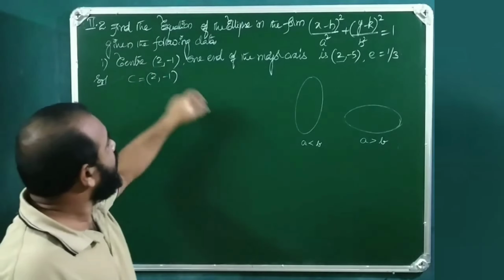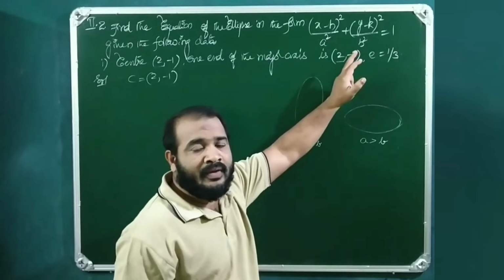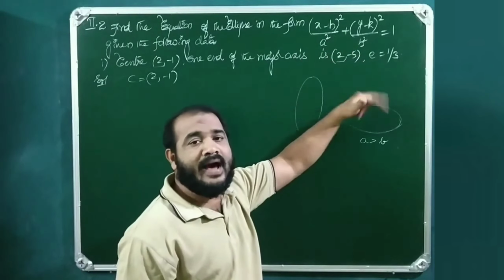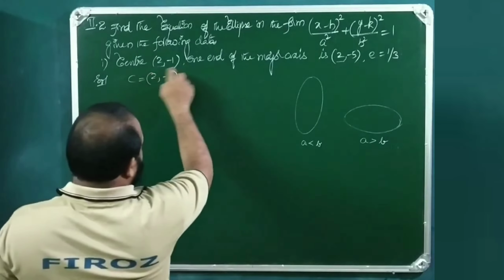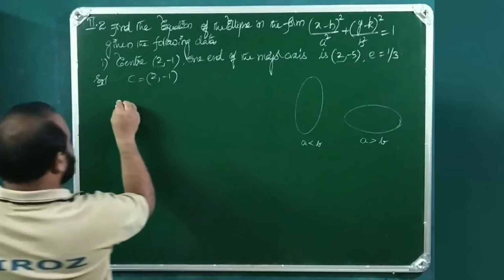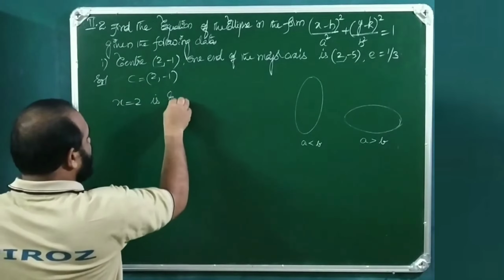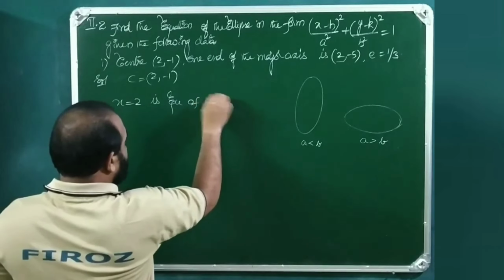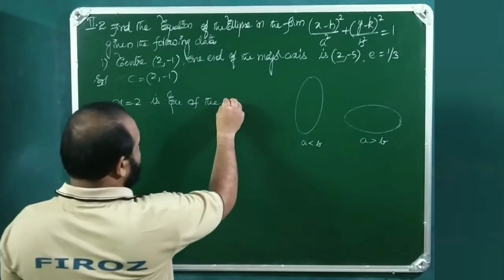But here the shifting of origin has taken place, not along the y axis but parallel to the y axis. So its equation is x equals 2, which is the equation of the major axis.